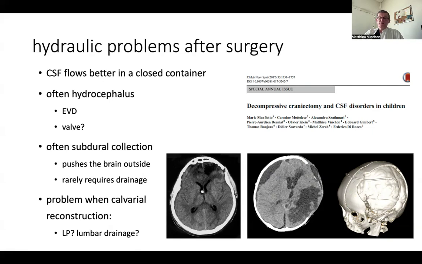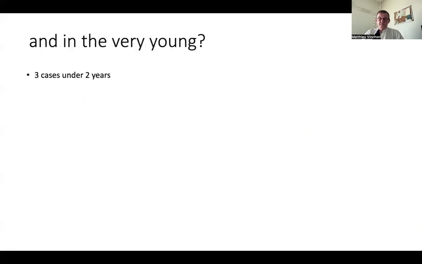So it may require a subdural drainage and sometimes a subdural peritoneal shunt. It may also be a problem when we reconstruct the calvaria, because it may require a lumbar puncture or lumbar drainage before we can put back the flap in place.